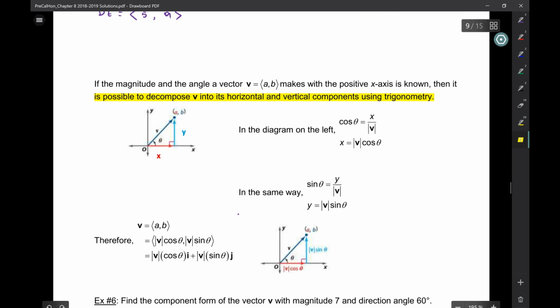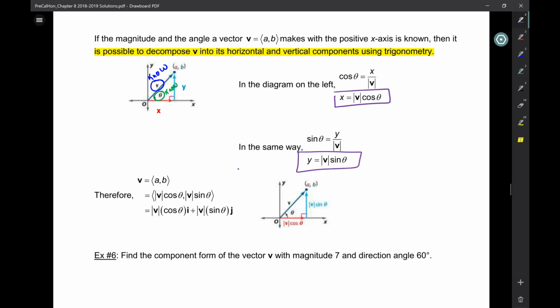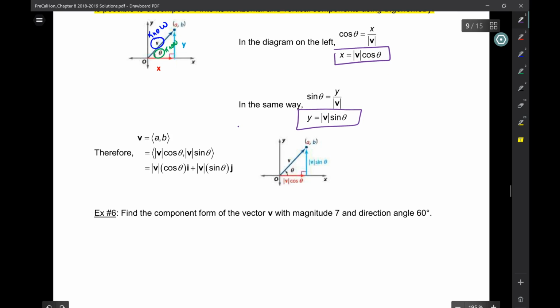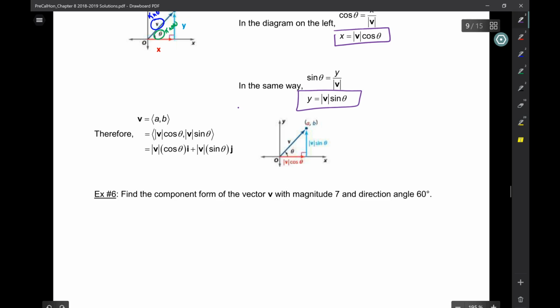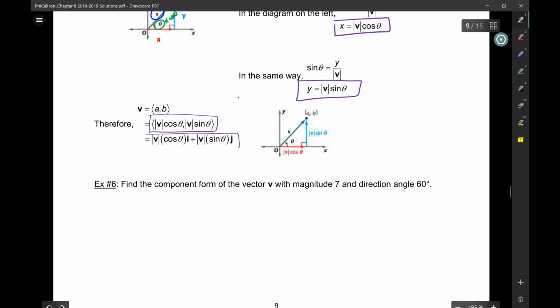So if I have vector v, and if I know this, and if I know the angle, then you remember we said last time x is the vector times cosine theta. And y is the vector times sine theta, right? The magnitude. Fabulous. So now I can write these two ways. Remember last time, I could write the vector like this in component form, v cosine theta, v sine theta, or I can write it as v cosine theta i plus v sine theta j.